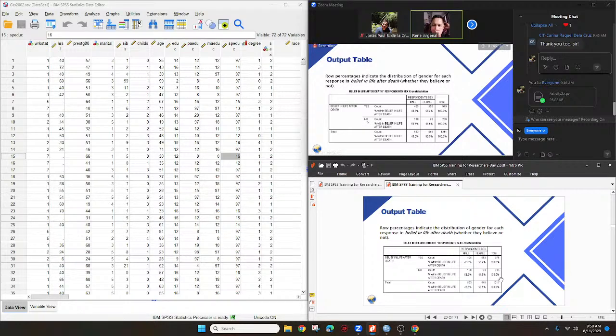For those who do not believe, 138 for males and 98 for females. Then you have the percentages, as well as the totals for the columns and for the rows. The overall total here is 1,211.